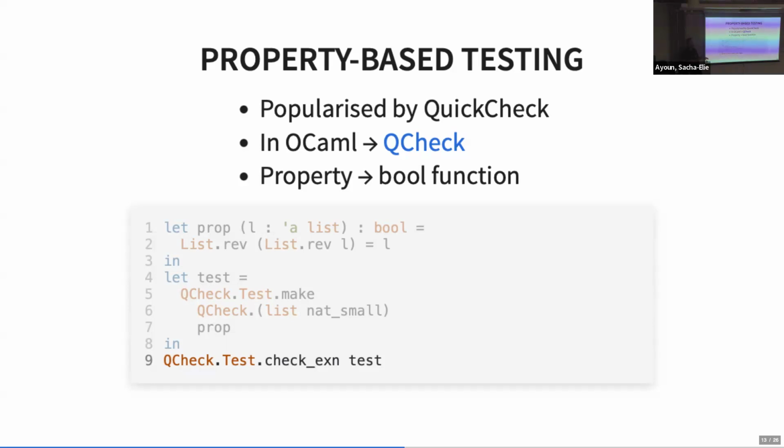If I have a property on an immutable data type, then I can very easily write these kinds of properties. This does not really work if I have state at all.